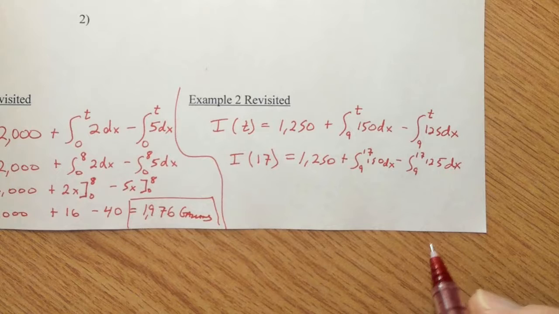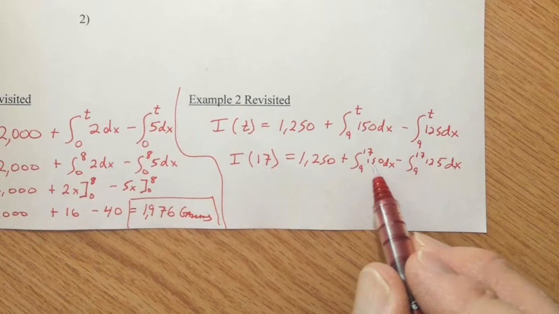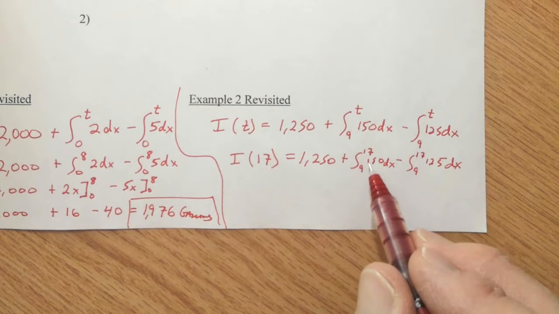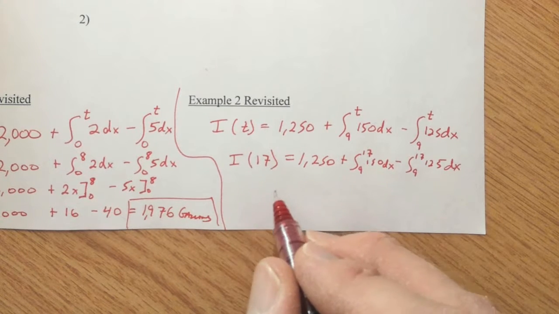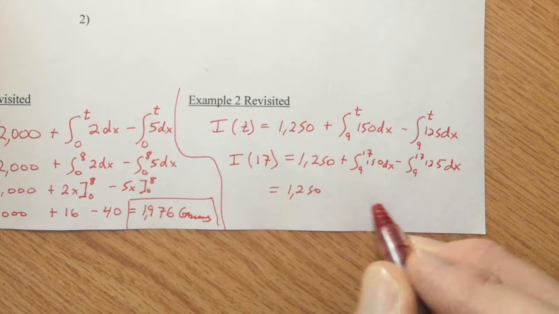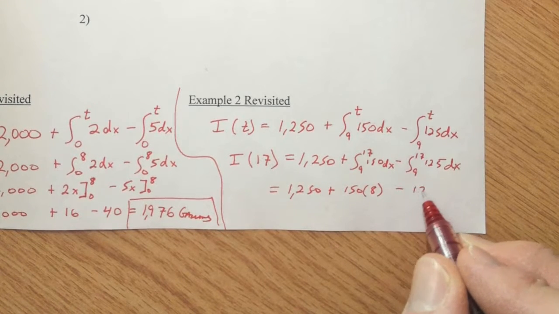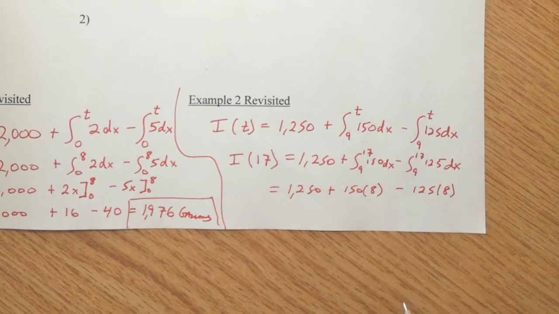Now the quick way to solve these integrals is, because there's a constant, you do the constant times the difference of the two bounds. So this is going to be 1250 plus 150 times 8 minus 125 times 8.